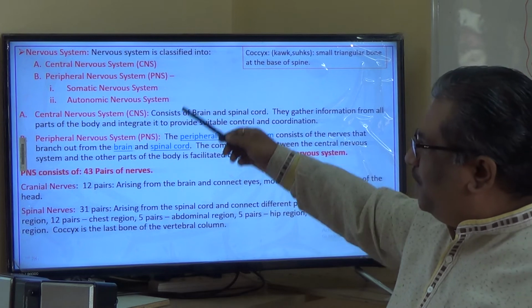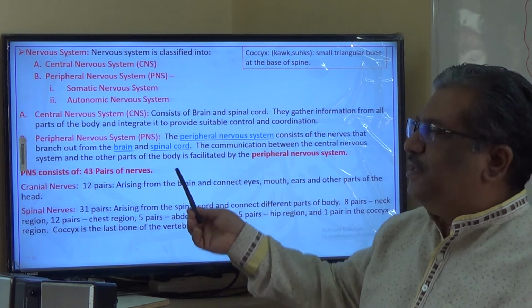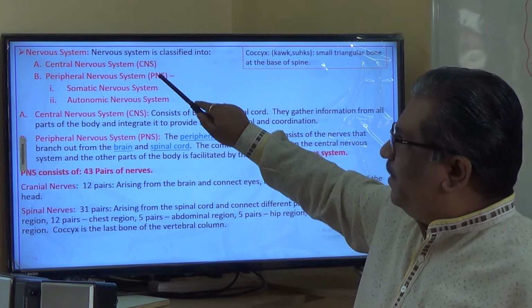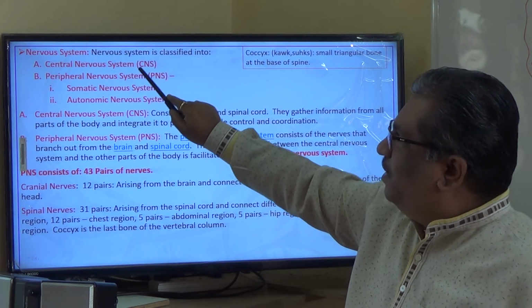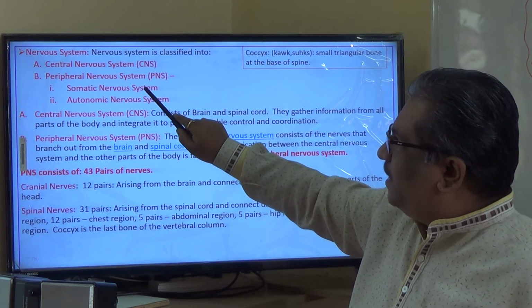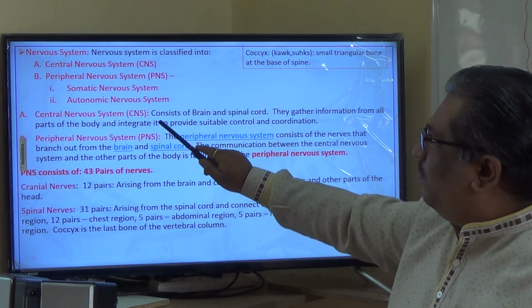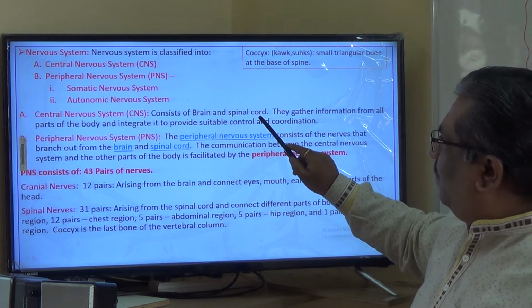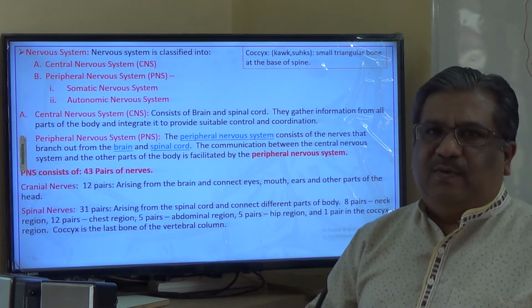Yeah, here some descriptions has been given, and this is to be noted down. So this you have understood classification of the nervous system, CNS, PNS, and PNS is again divided into two systems, we know. Let us see what are these things. Central nervous system consists of brain and spinal cord, and what is that they do?